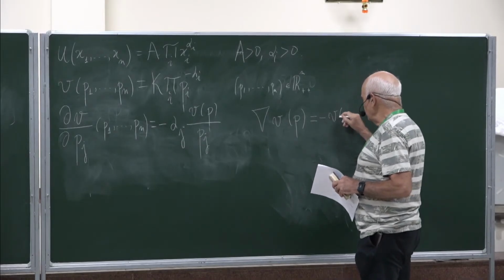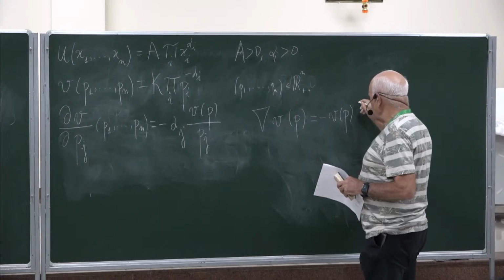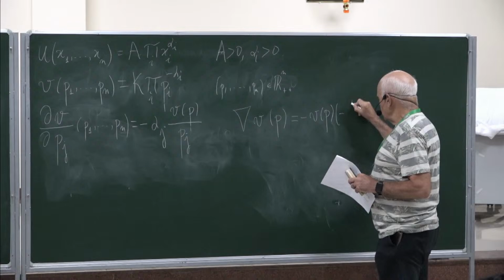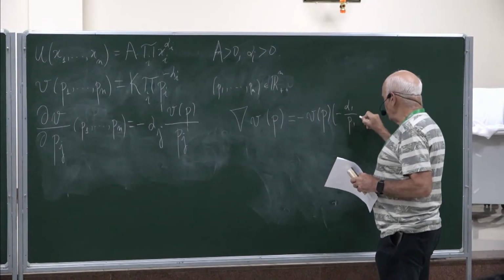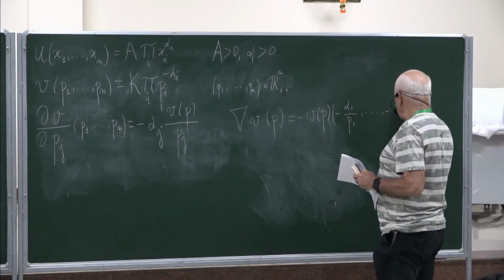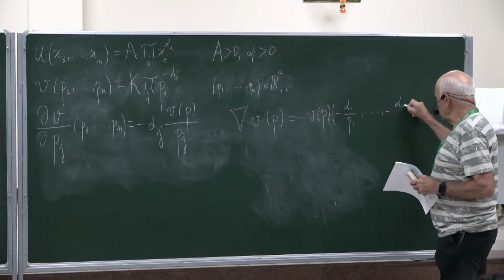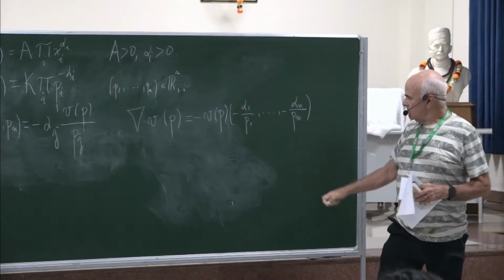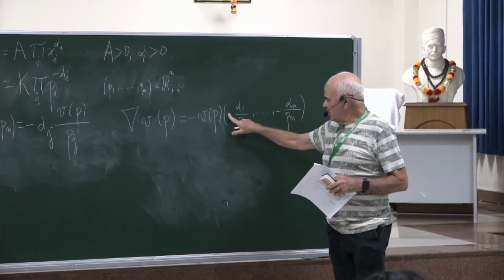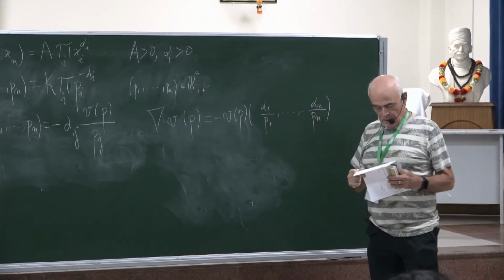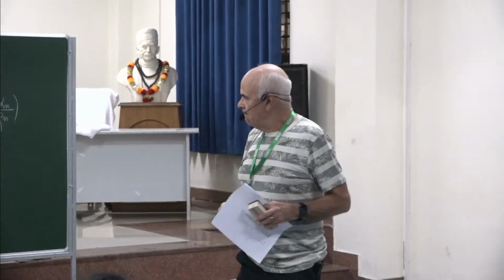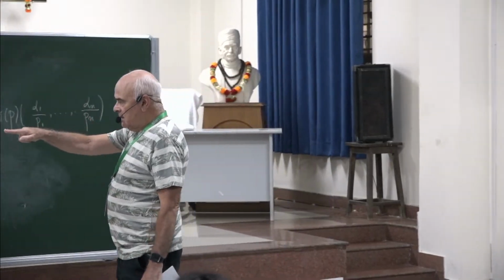minus v of p, which multiplies the vector (alpha_1 over p_1, ..., alpha_n over p_n). The minus is already there. Okay? Now we need the inner product with p.